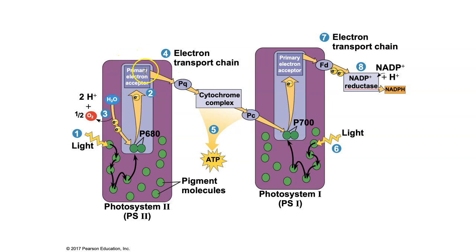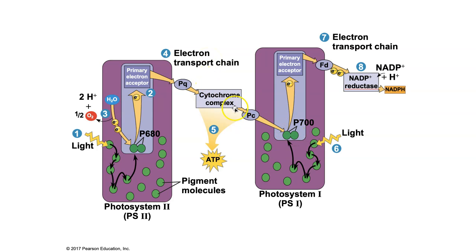We have a high energy here. It's going down its energy gradient. And remember, each one of these is more and more electronegative, which is pulling the electron down to it. As we do this complex, this is creating a proton motive force. We're creating a proton gradient here, just like in cellular respiration.